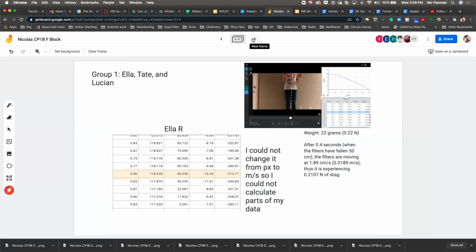So I think we're going to retry it, because mine at 0.8 seconds was like 46 meters, and Tate at 0.4 seconds was about 45 meters. So we found that that was pretty inconsistent. So we might have to do a retrial. Yeah, I'm just going to say that.